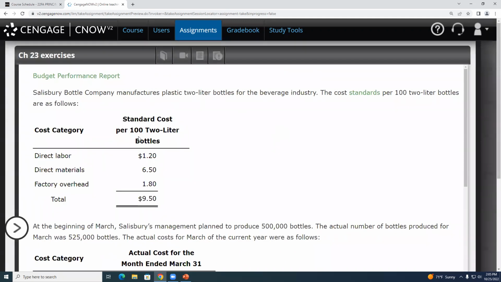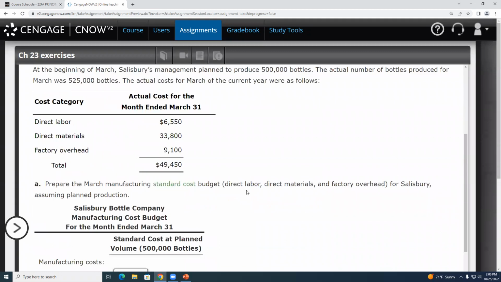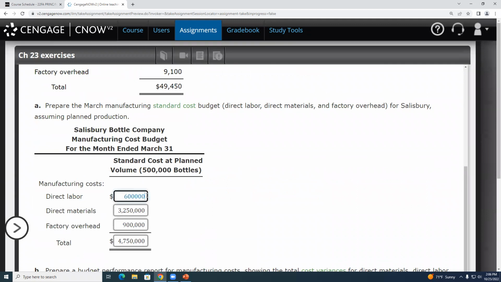Oh, whoops. I just noticed something here. So I need to go back up. I'm guilty of not reading every word again. Shouldn't do that. These standard costs are not per bottle, it's per 100 bottles. So I need to divide each one of those by 100. Everyone see what I just did? So it's per 100 bottles.